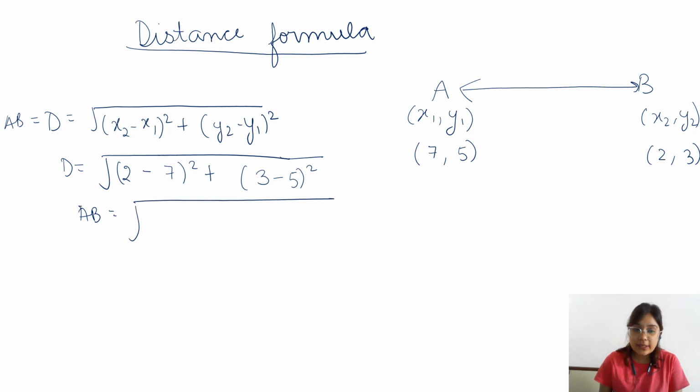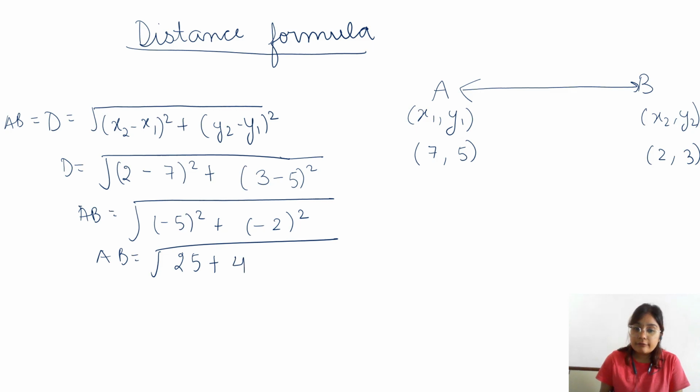As you know, 2 minus 7 will be minus 5, and 3 minus 5 is minus 2. And you know that minus 5 square will be positive, and here you can easily write 2 square is 4. So AB is equal to under root 29. Okay. Units also you can write.